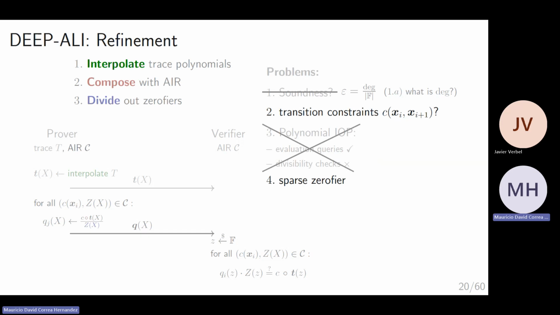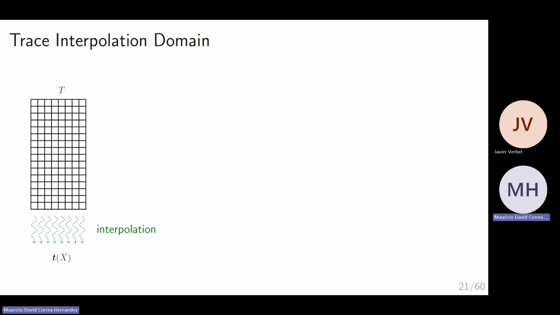It's not an arbitrary polynomial because it's not an arbitrary domain. It's a structured domain such that evaluating Z of X is easy. Okay, so here's how to pick the right domain for your interpolation. We want to interpolate the algebraic execution trace, thereby getting trace polynomials.